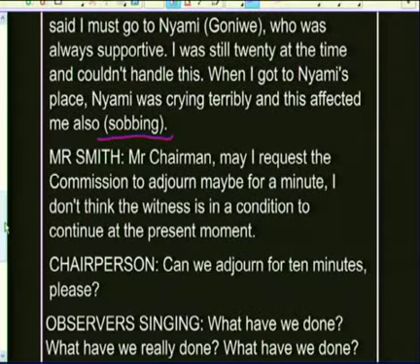And Mr. Smith, who was there with Mrs. Qalata, said, Mr. Chairman, may I request the commission to adjourn, maybe for a minute? I don't think the witness is in a condition to continue at the present moment. So obviously, he could see that Mrs. Qalata was very emotional about what happened to her husband. That is why he asked for the commission to adjourn.